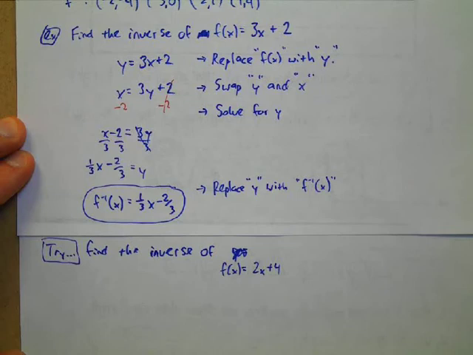Then divide everything by 2? So don't forget to swap the x's and the y's. So in the end it should be f inverse of x equals 1 half x. It's a -1. May I see your work? So it's going to look something like this. So f -1 x like that. Okay. So you're squeezing in there. I just didn't know what it looked like. Thank you. Yeah, that's the idea.